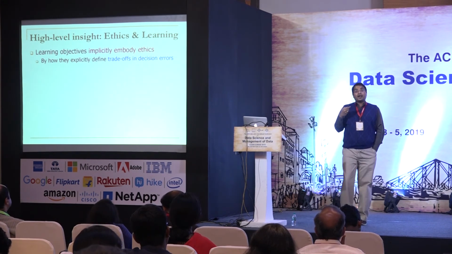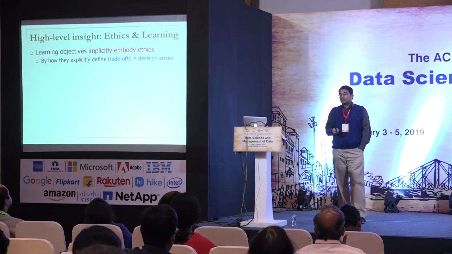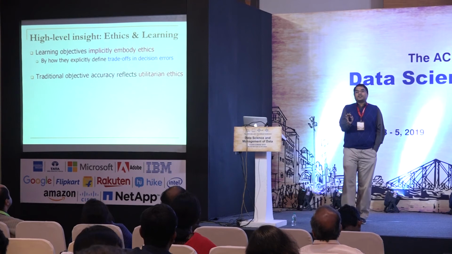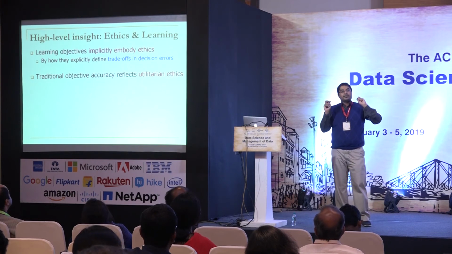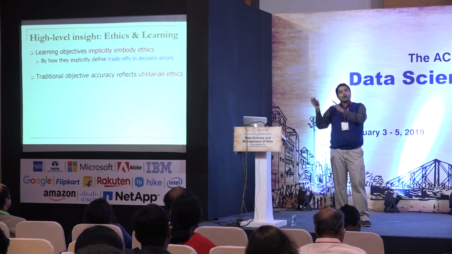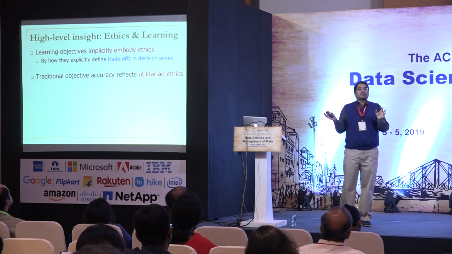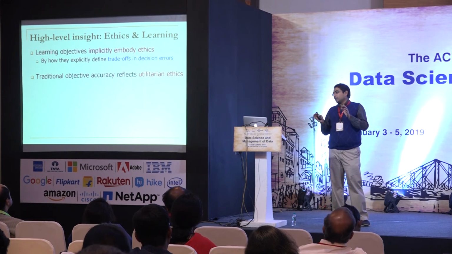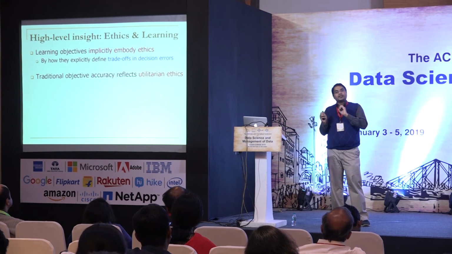Now, one of the mistakes that I think machine learning researchers often make is they think that the traditional objective, accuracy, is somehow very objective. But if you actually think about it, accuracy is a social choice, the way we define it. If you talk to philosophers, particularly moral philosophers, or read the works of Amartya Sen, you would realize that what we're actually talking about is very utilitarian ethics.